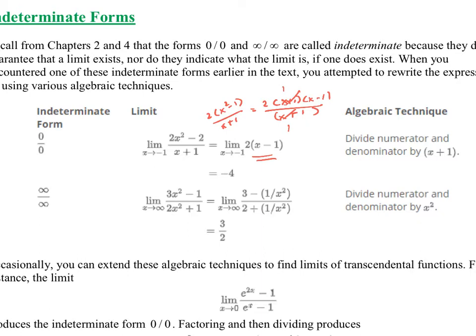They skipped a couple of steps there, but that was the idea. Once you have factored and simplified, you can evaluate. That'd be 2 times -1 minus 1, plugging in the -1 for x, and that's how they got the answer of -4. So there were ways of evaluating some limits of indeterminate form when you got 0 over 0.